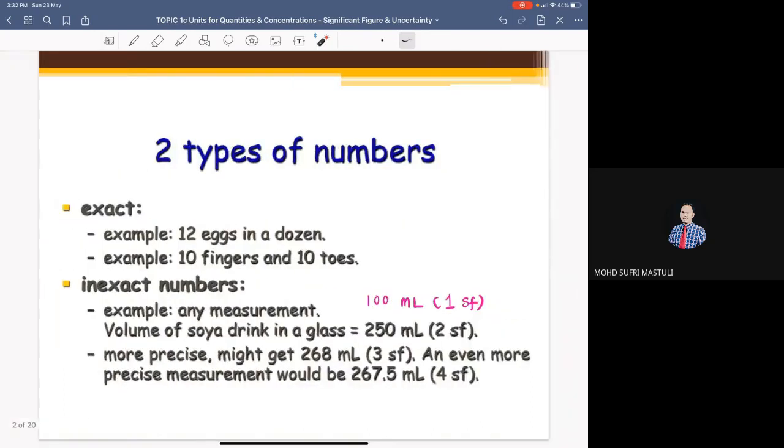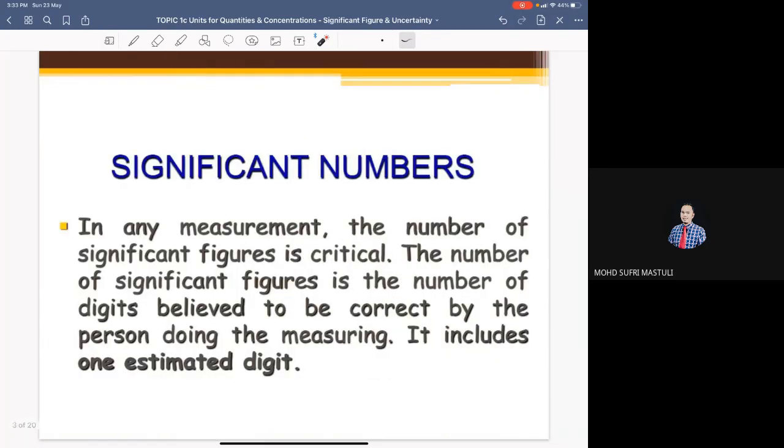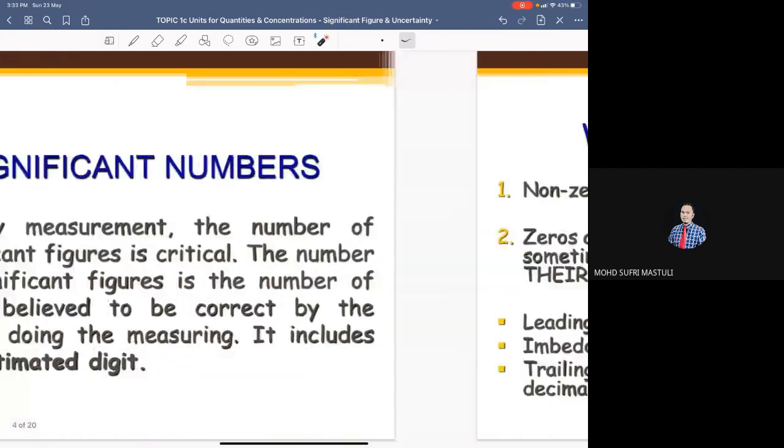For example, 267.5, maybe you round up and present it as 268 milliliter, or even write it as 250 ml, meaning the person doing the measuring can do the correction and make the estimation of the digit.